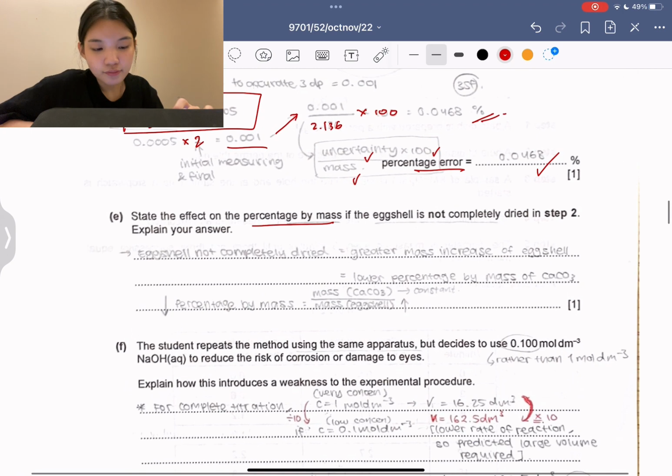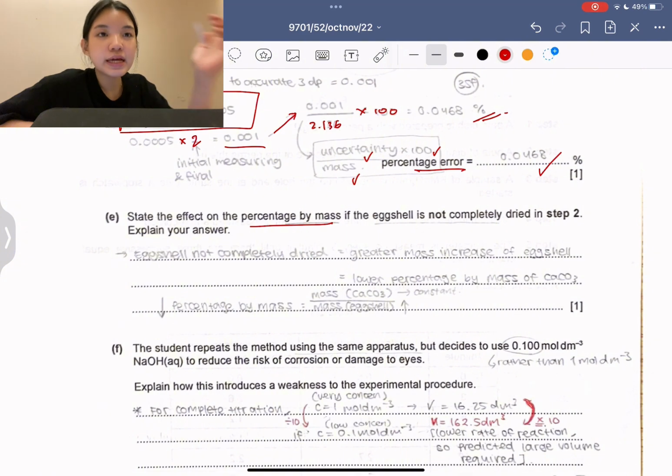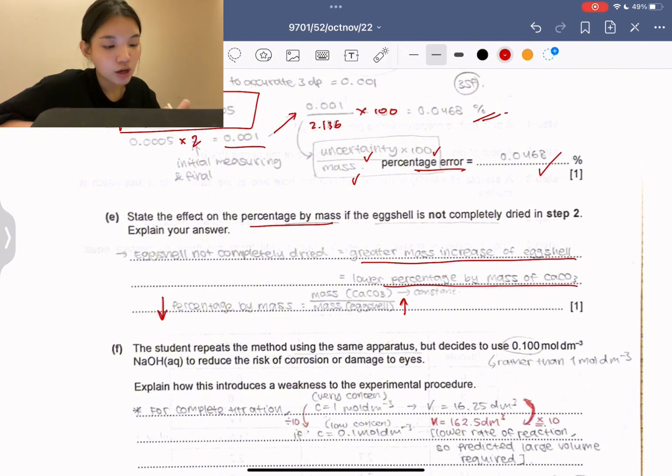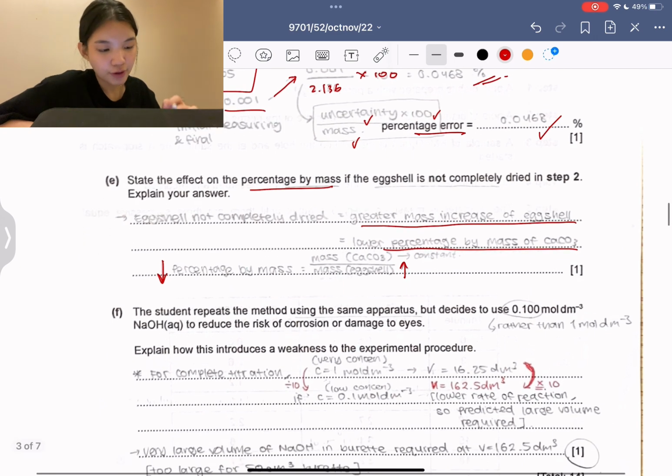But the mass of this water is presumed to be the mass of the eggshell. So there is a greater mass increase of the eggshell. A greater mass increase of the eggshell would lead to a lower percentage by mass of CaCO3. And that's the effect.